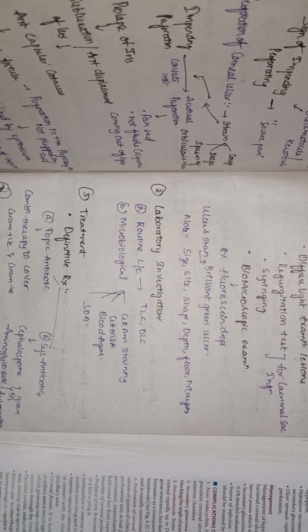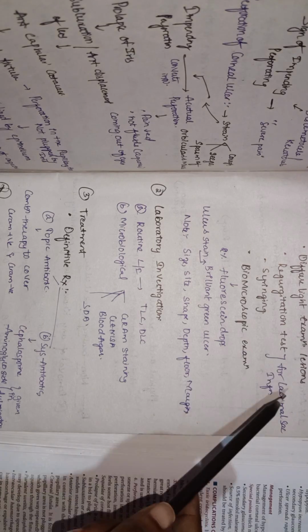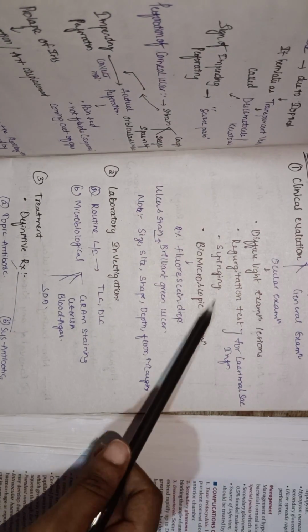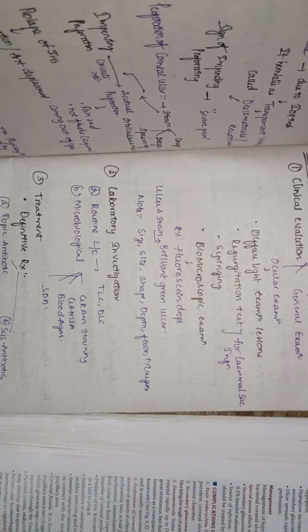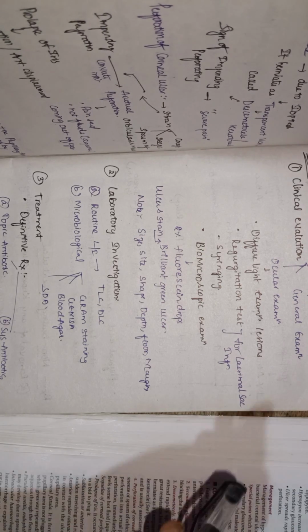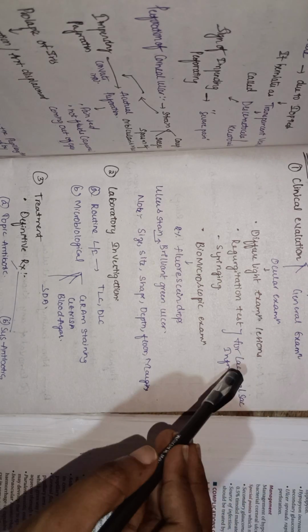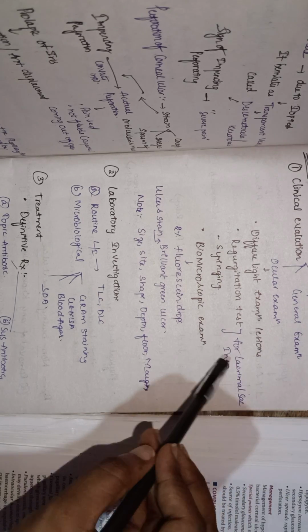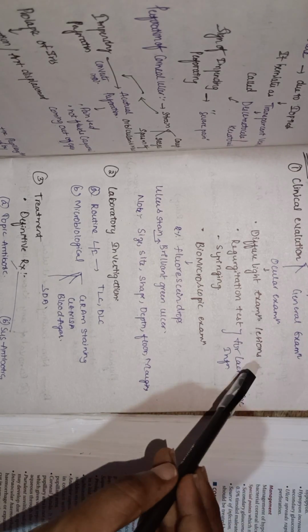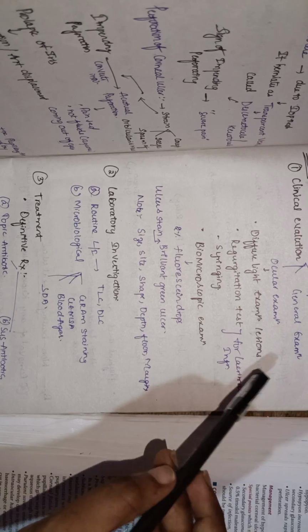We take the regurgitation check and syringing test for the lacrimal sac to see if any infection is there. In the previous two videos, I discussed the sources of this ulcer, including lacrimal sac infection.